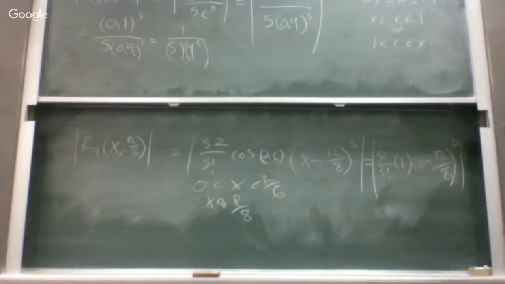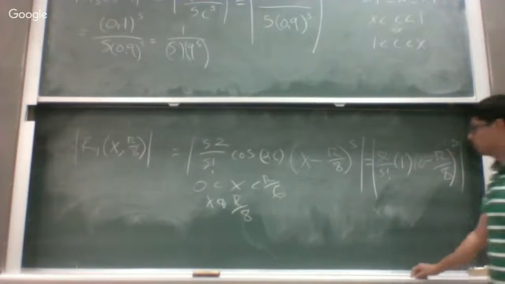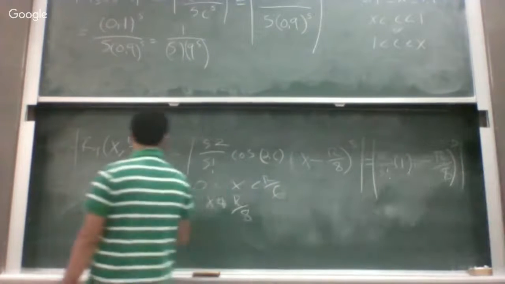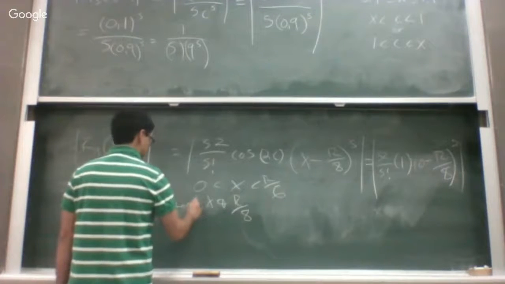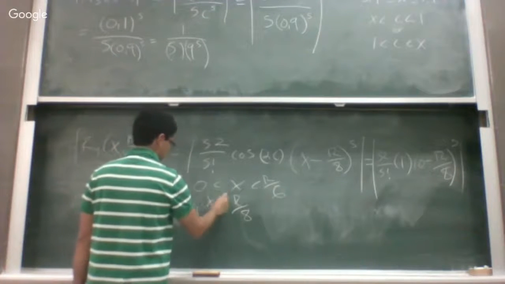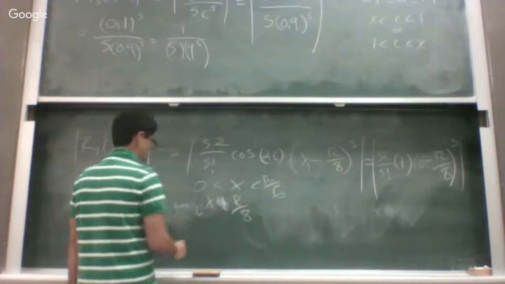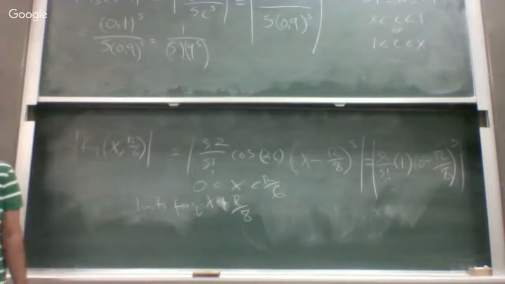Under 0 is less than x less than pi over 6, these are the limits for c. This is the and sign, x and pi over 8.